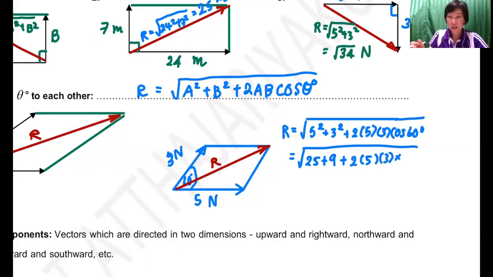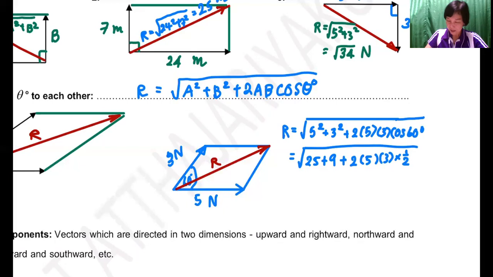If you go back to the topic of trigonometry, you see in the table that I showed you in the previous video, cos 60 equals 1 half.